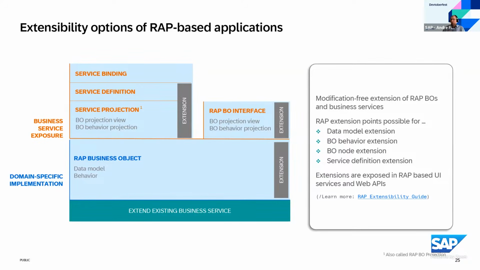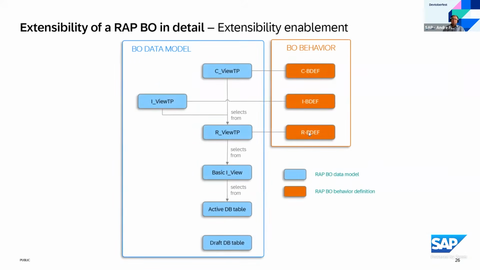So for example, we can add additional validations or determinations, or it's even possible to add additional nodes, so sub-nodes, to a RAP BO. All this can be done, and there is a lengthy extensibility guide that shows this. And I now want to show you what has to be done in order to extend the behavior.